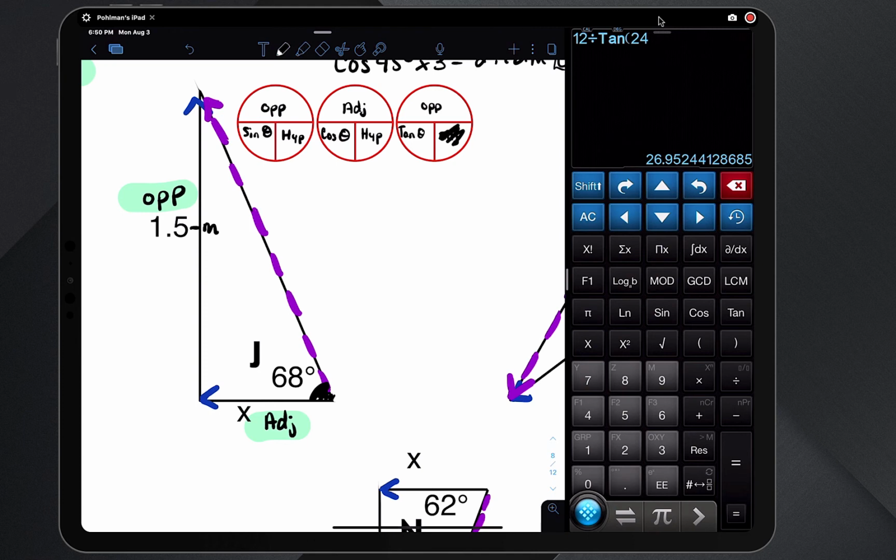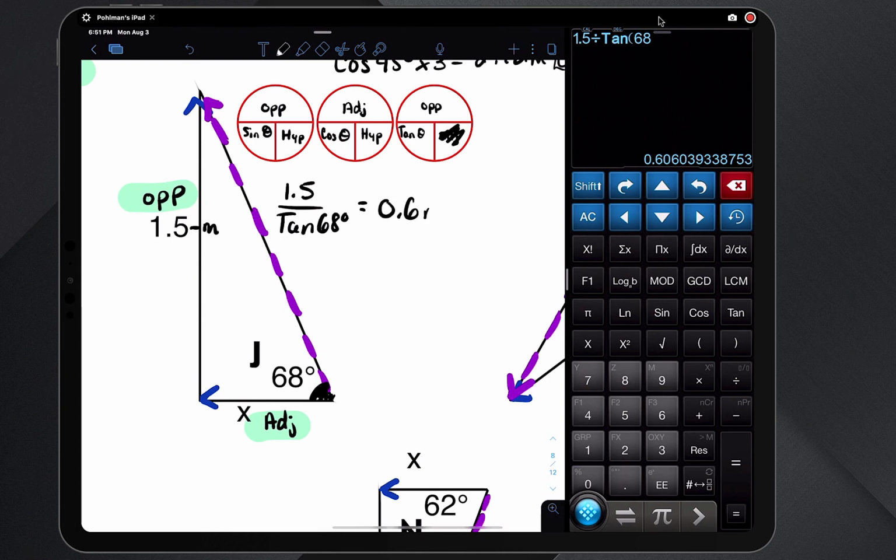I'm going to scribble it out. That means I'm going to have 1.5 divided by tangent 68. We'll go 1.5 divided by tan 68 equals, and that's going to be a real small number. That's okay because that's a small side, right?